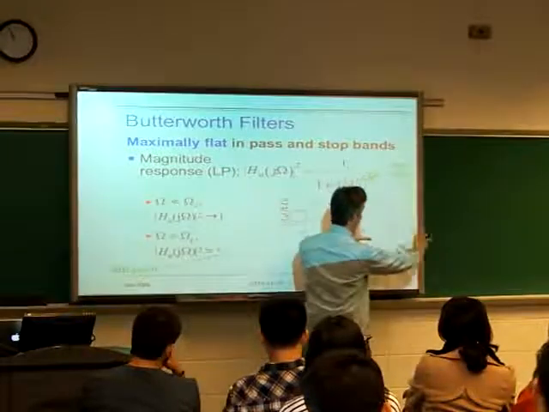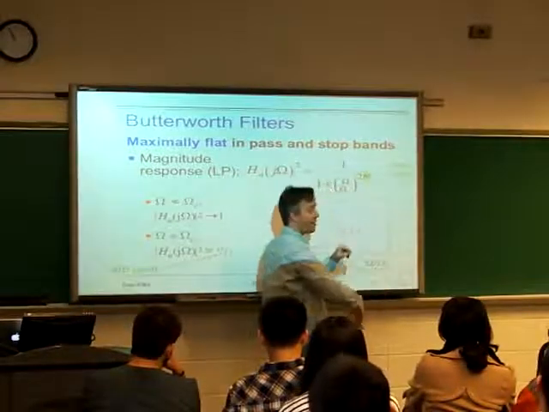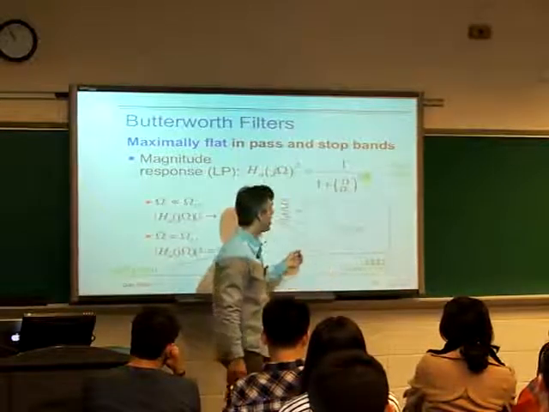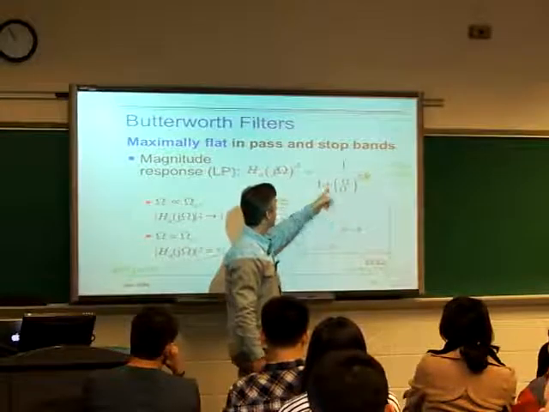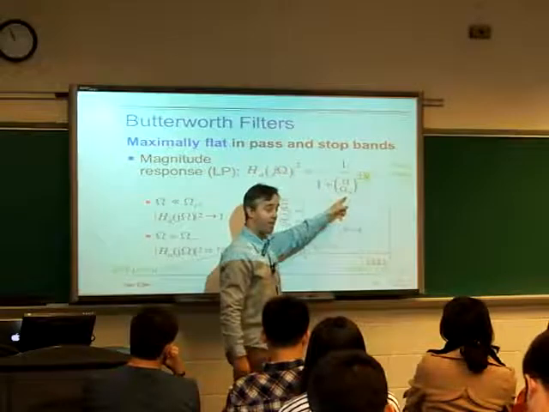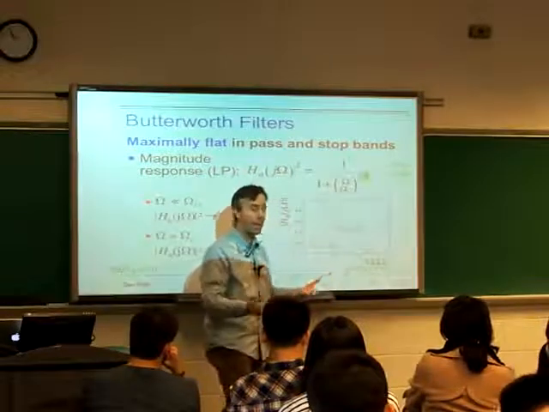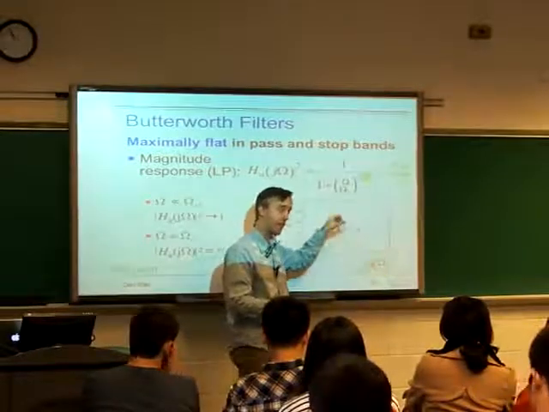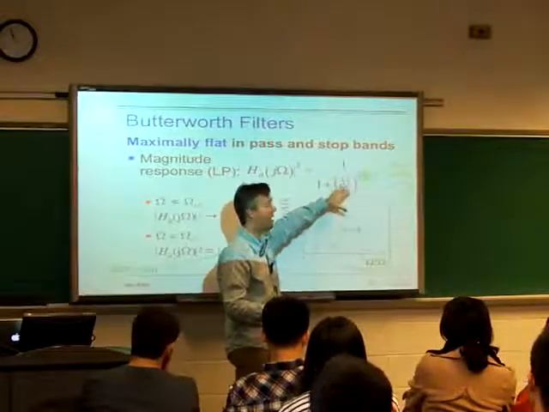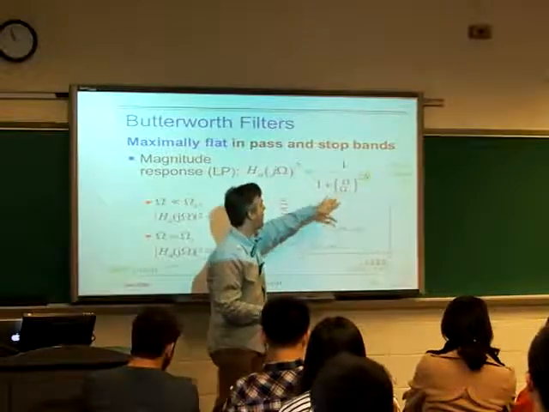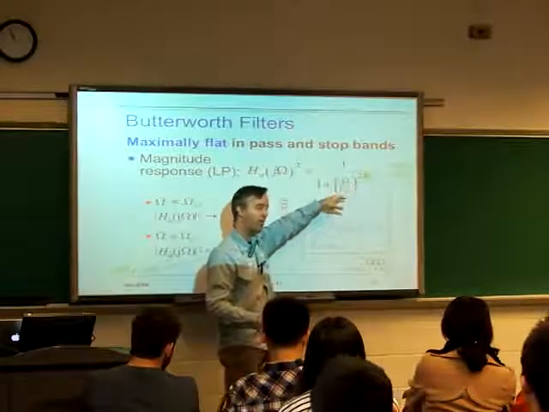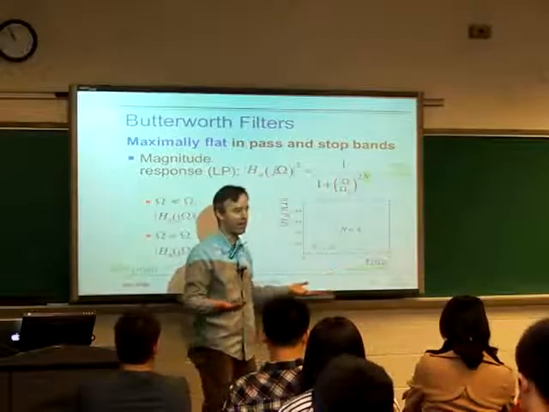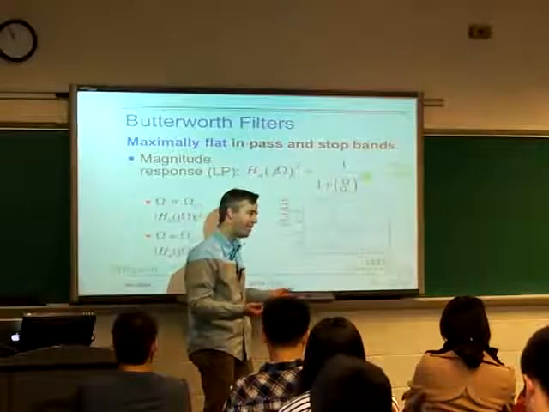I could scale the frequency axis so everything was stretched out, but it would look like the same curve. It would just be relabeling the axis. It turns out that the frequency response only depends on omega divided by omega c. For a different omega c, I'm going to have a different filter, but the shape will look the same once I normalize the frequency axis by that cutoff frequency. So the behavior just depends on this ratio, omega divided by omega c, which is a very simply behaved parameter. Does that make sense?